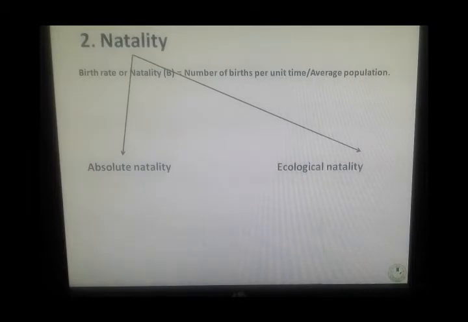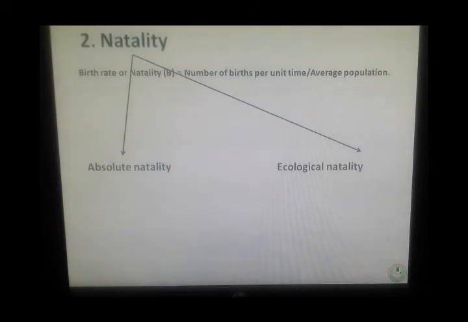Now, again, this natality is categorized into two different categories: absolute natality and ecological natality. Absolute indicates the theoretical maximum number of individuals that can be produced per individual under ideal environmental condition.